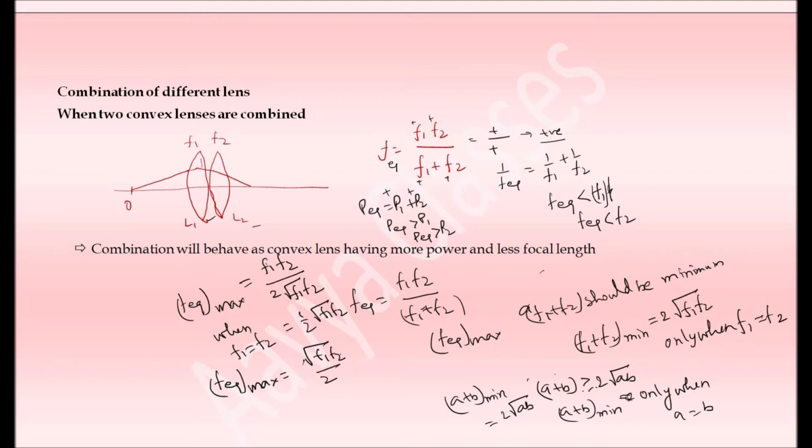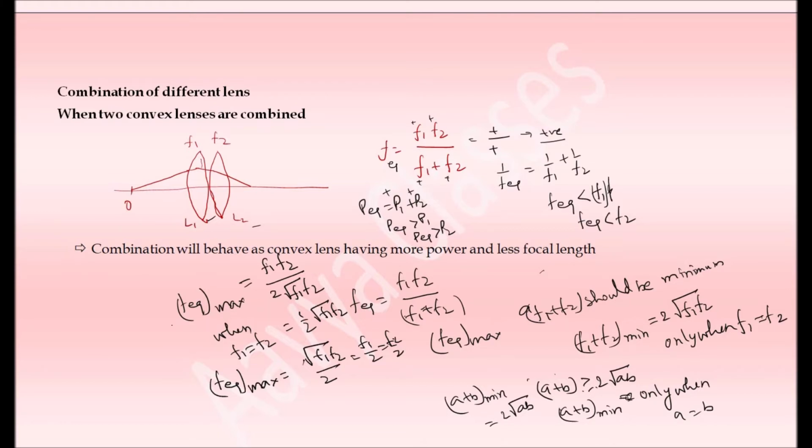Considering f1 is equal to f2, as this is our condition, it is equal to f1 by 2, which is equal to f2 by 2. So the maximum value of the combined focal length will be achieved when both focal lengths are the same, and the maximum value is equal to half of the individual focal length.